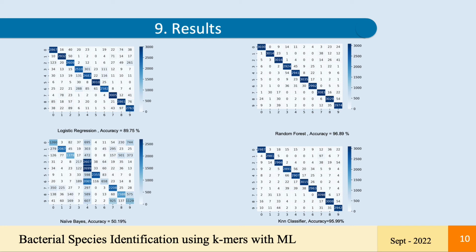Through the confusion matrix, we can see how many times the model predicted the right bacterial species and also the count for each misidentification with other bacterial species. According to the results, the best model is random forest for predicting the bacterial species.